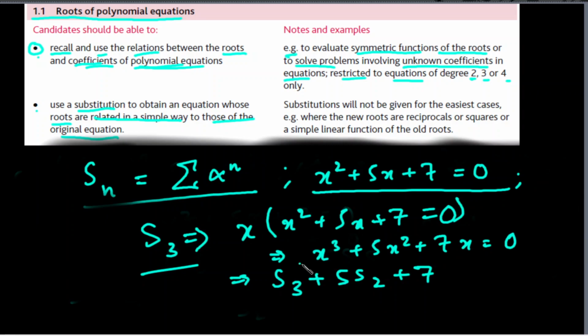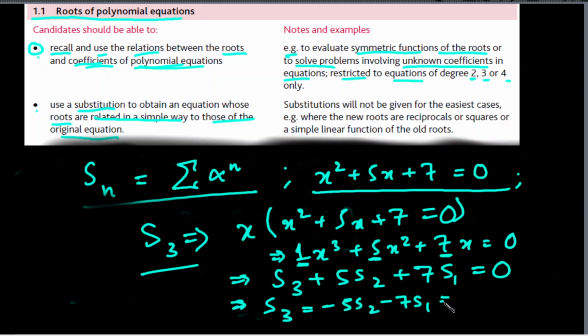So the coefficients you notice, there's 1 here, there's 5 here, and there's 7 here. They remain the same. S1 equals 0. You get it? So pretty much you have S3 equals negative 5S2 minus 7S1. And from our previous calculations, we had S1 equals negative 5 and S2 equals 11.